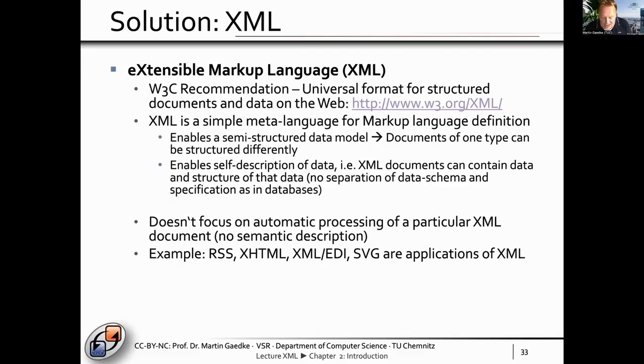The documents described in XHTML look like HTML documents, but they conform to the rules of the extensible markup language, and they are not defined as documents for exchanging data, but for documents that can be rendered by a browser. So that's why a lot of people get confused, also in books and postings on the web.